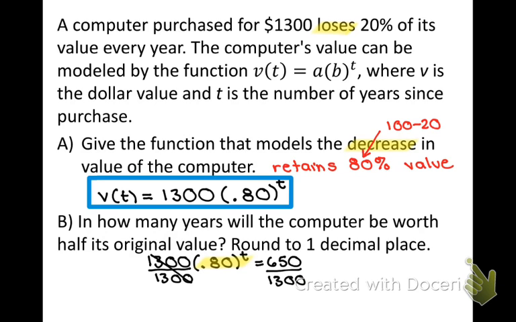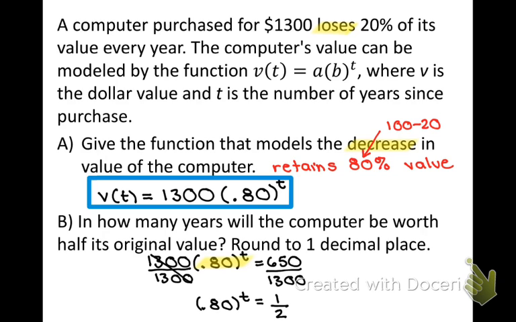And I'm going to have that 0.80 to the t equals 1/2. Now, is there a way that I can easily make both of these sides of my equation have a base of 0.80? Not easily.